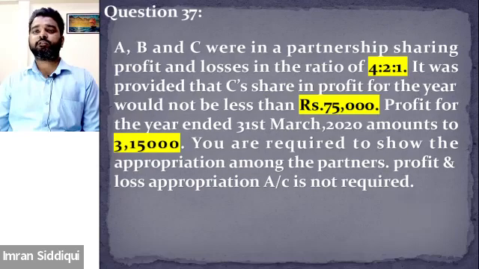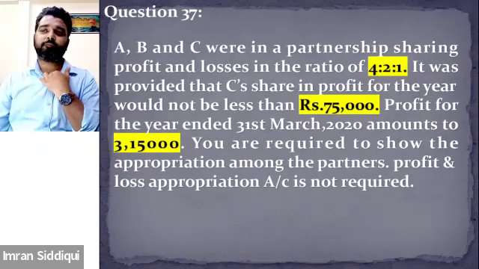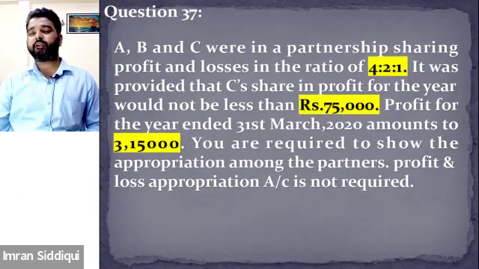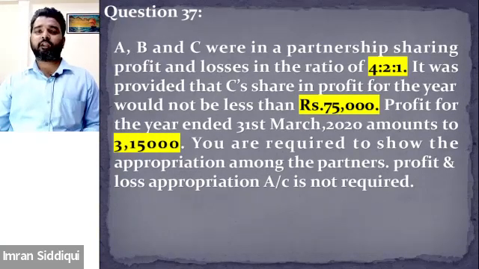And the question is asking us to show the appropriation among the partners and prepare the profit and loss appropriation account. Okay, the profit and loss appropriation account is not required. All right, so in this question, we are not required to prepare the P&L appropriation. We just need to show the appropriation of profit among the partners.